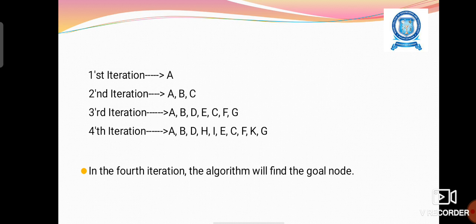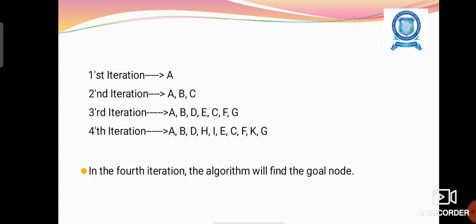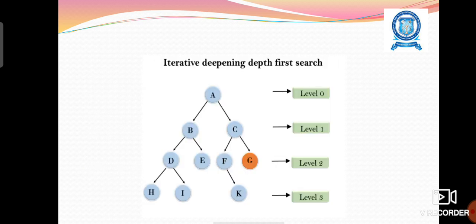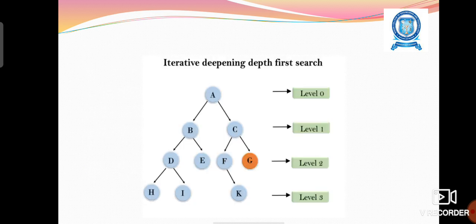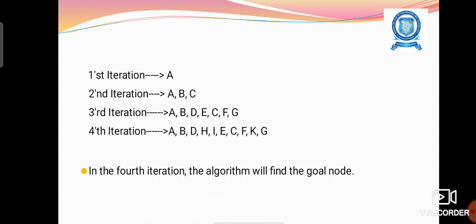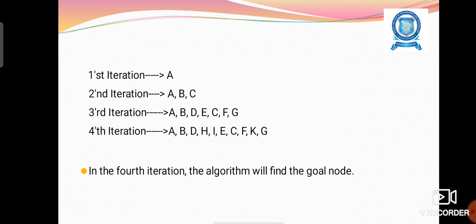From D it goes to H, then H to I to E, E to C, C to F, F to K, then K to G. In this way the algorithm changes the path and updates the depth limit in each iteration, and finally it reaches the goal node.